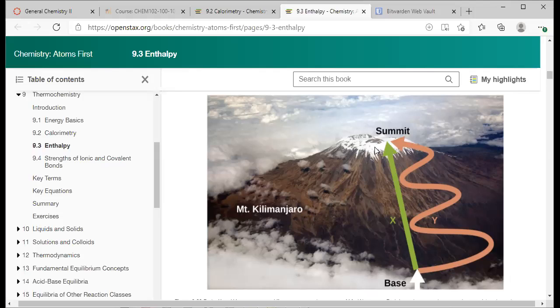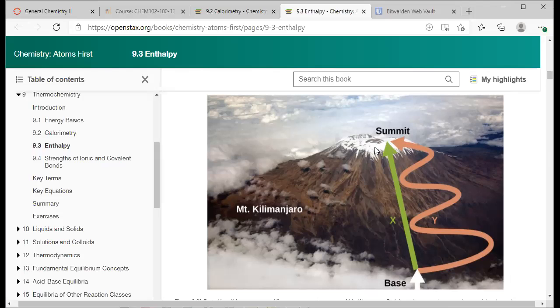Now, for some odd reason, the shortest path to climb a mountain doesn't get used very often, because mountains tend to have very irregular terrain. And if you use the shortest path up the mountain, very frequently that path gets you climbing up a severe cliff. And those don't tend to be very safe.